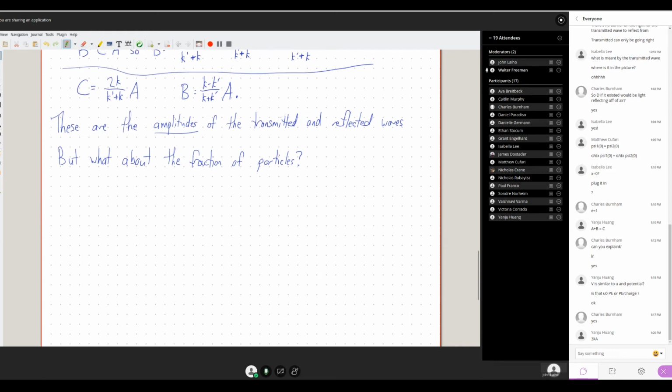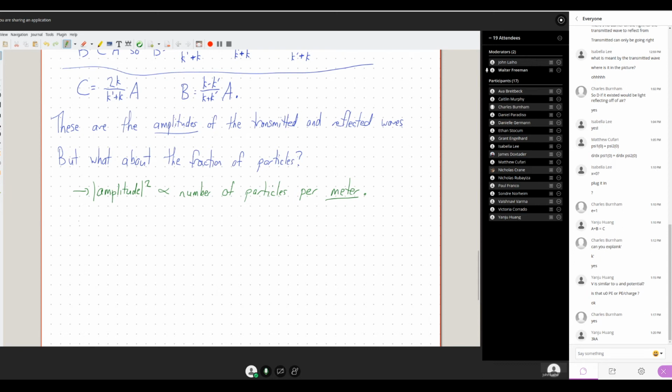So amplitude, or rather amplitude squared, recall, amplitude squared is proportional to the number of particles per meter.